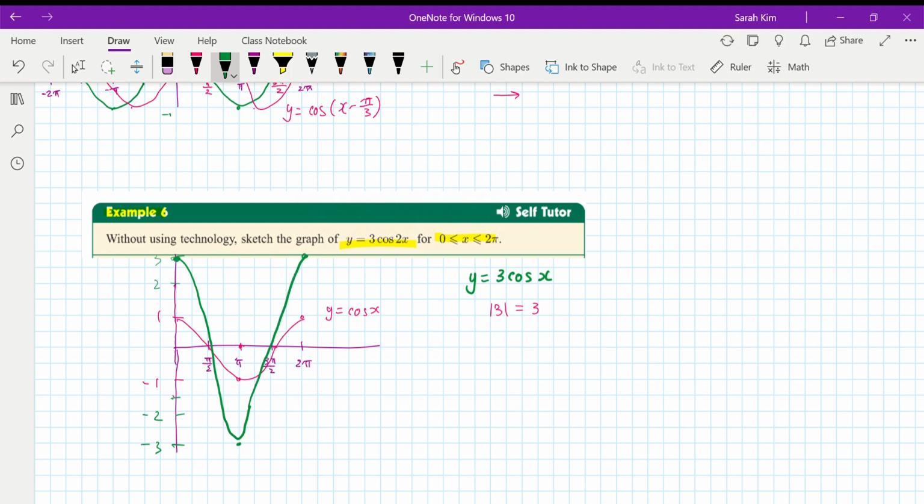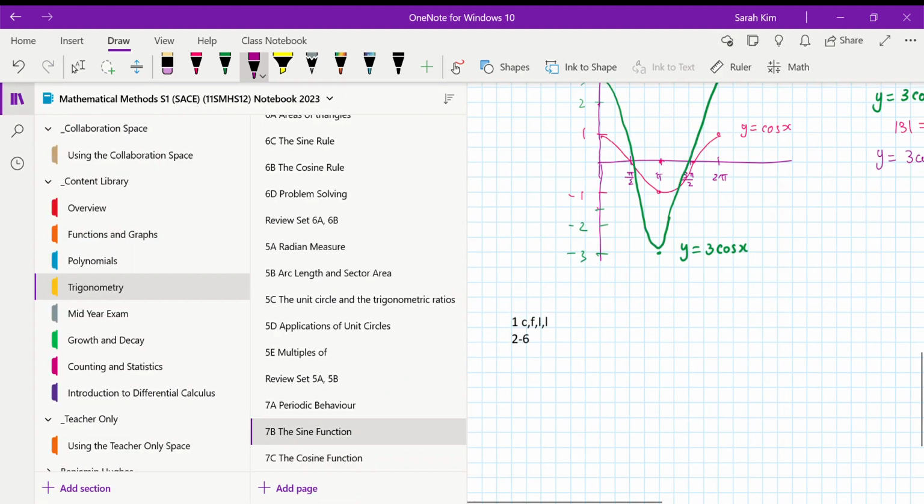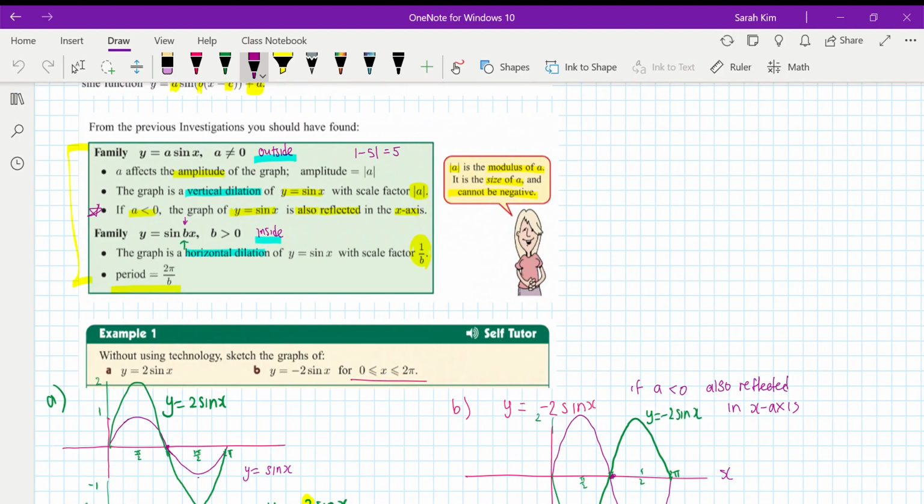So that is my y equals 3 cos x, but I'm not done yet, I've got to do y equals 3 cos 2x. Now what happens if there's a 2 inside of that cos function? Let's have a look and see what effect it has. So inside means horizontal dilation, so we're grabbing it by each side and either squishing it together towards each other or pulling it out.